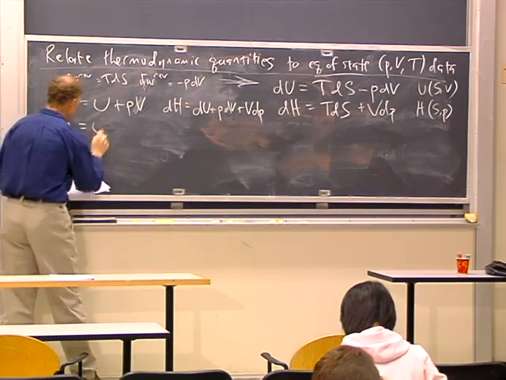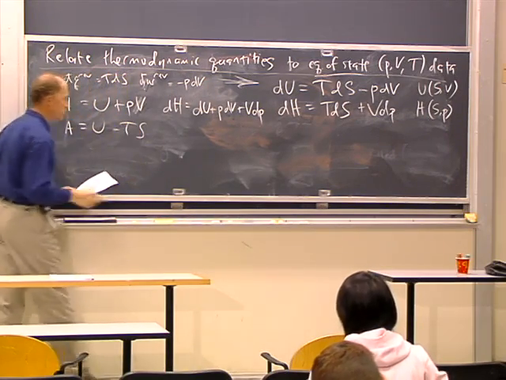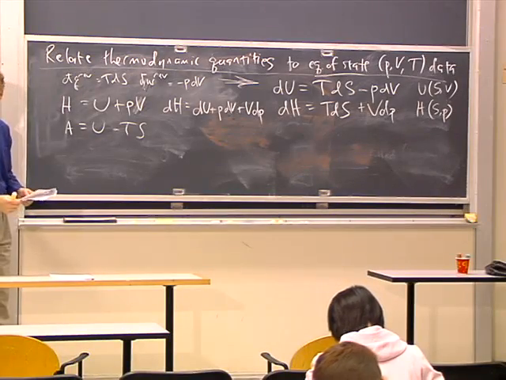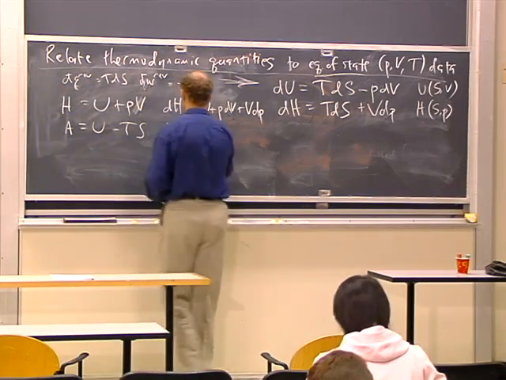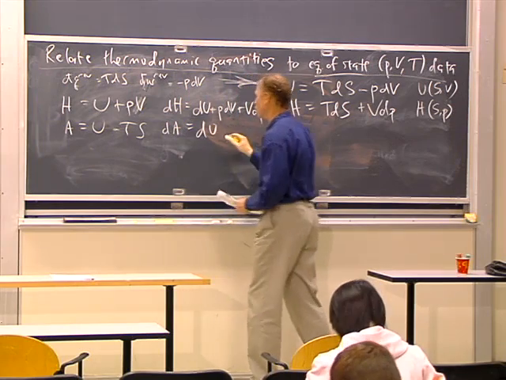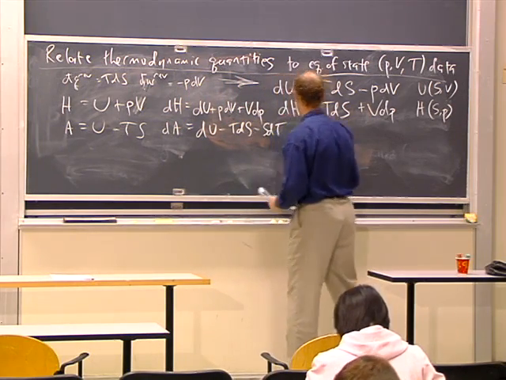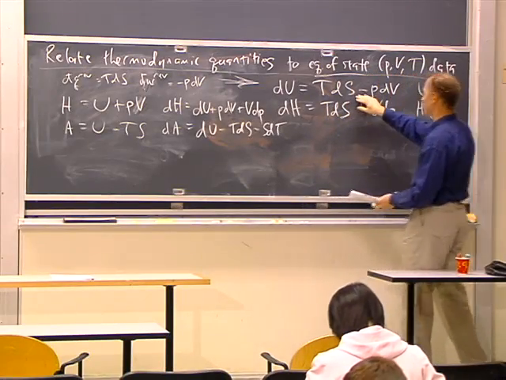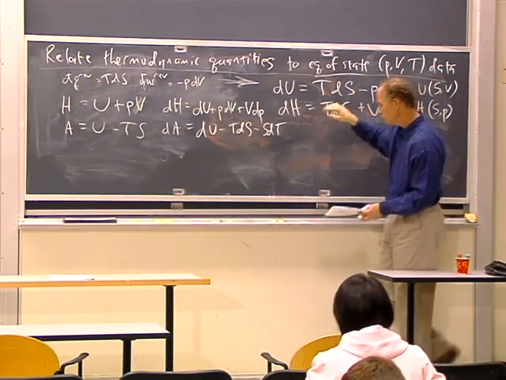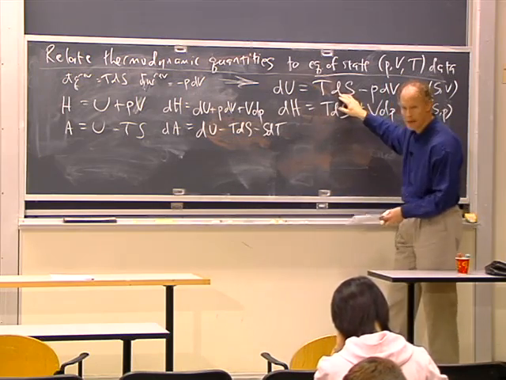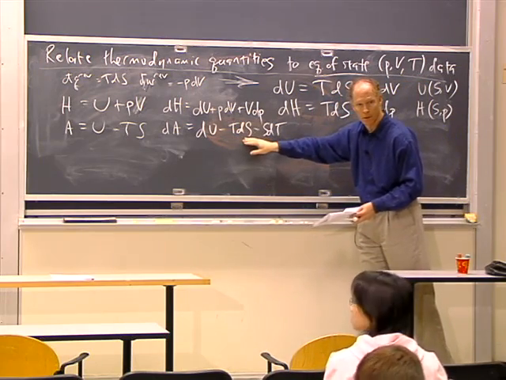A is U minus TS. dA is dU minus T dS minus S dT. We're going to do the same thing, substitute this for dU. This time the T dS terms are going to cancel.